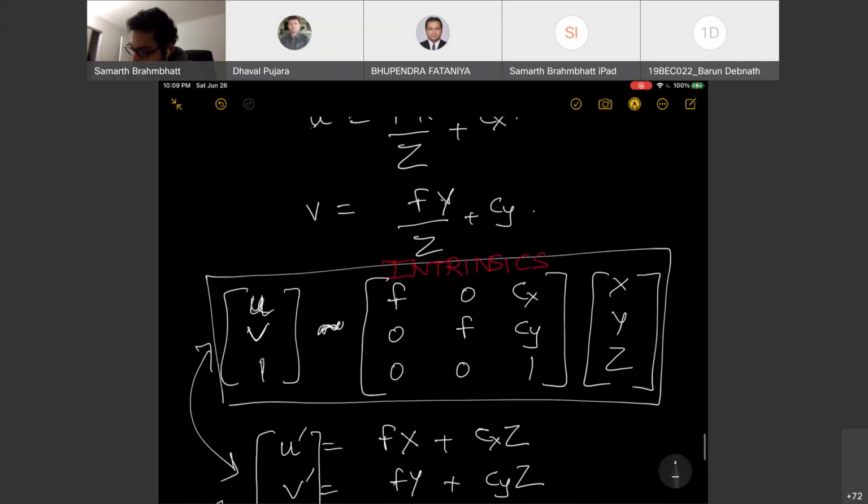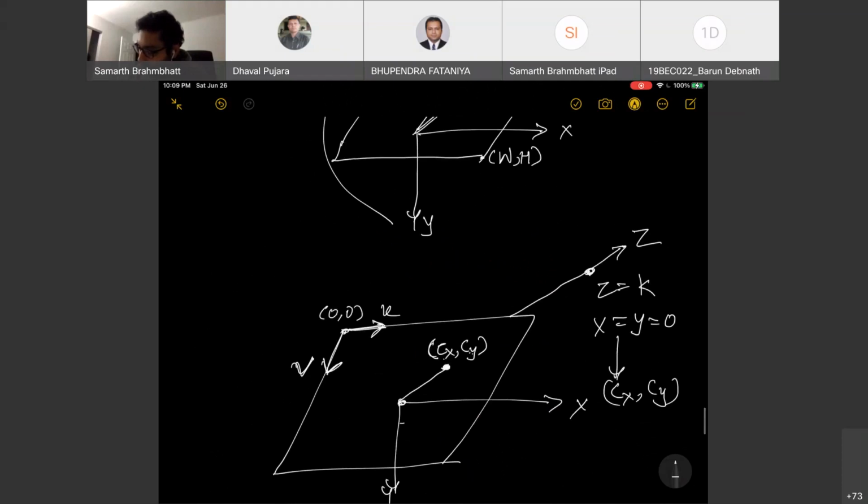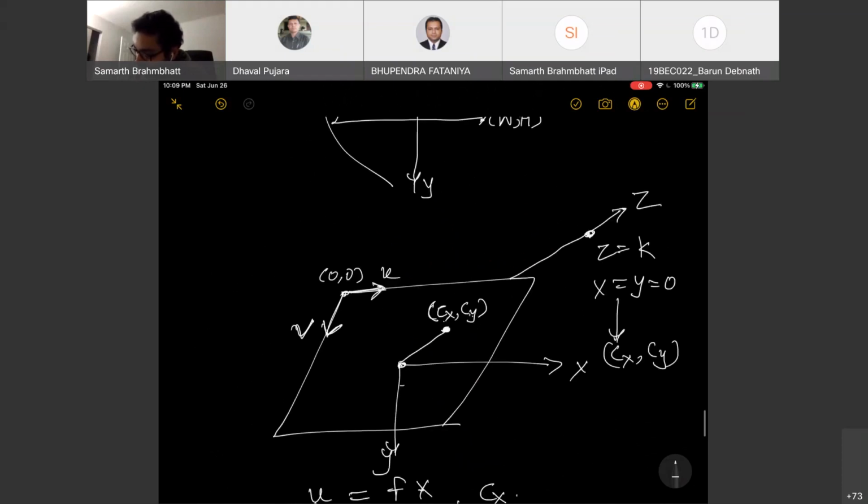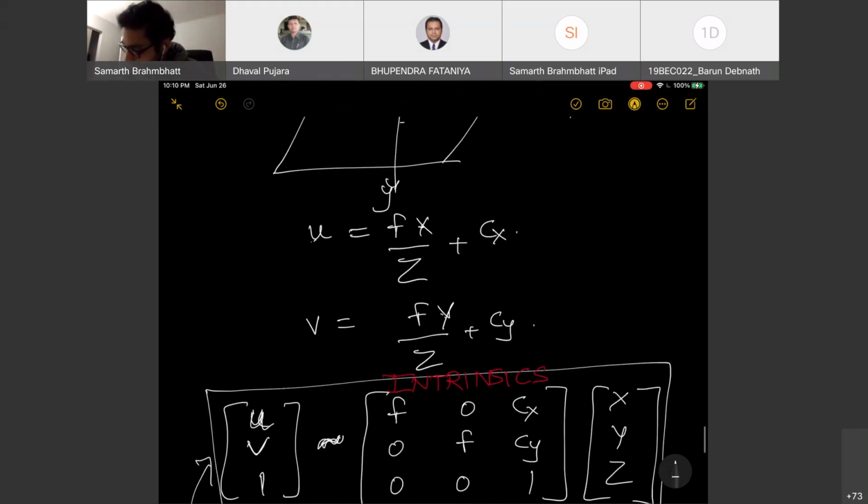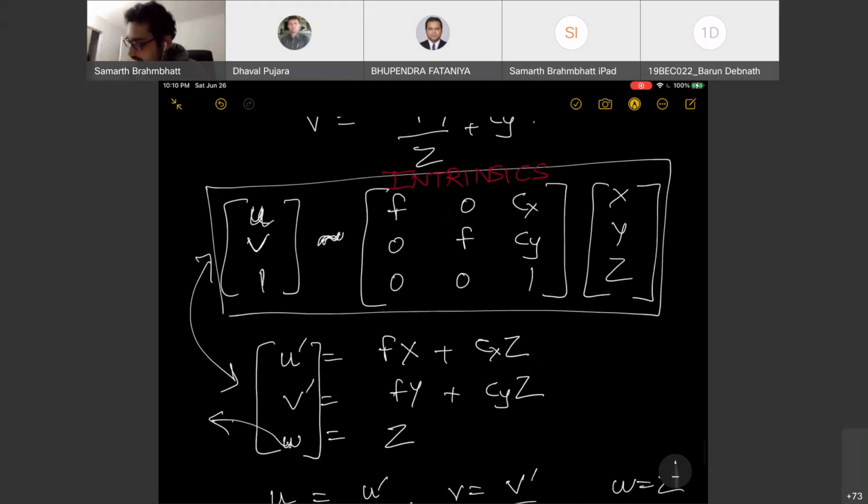Because if you know just this matrix, then you can convert any 3D point to its location on the image, right? So, you know, like there this fx, cx, cy, and this distance here is f, right? So you take any 3D point, you know where it is going to be on your image. You have another point here, it will be here. You have another point here, it will be here. So this matrix is really important.